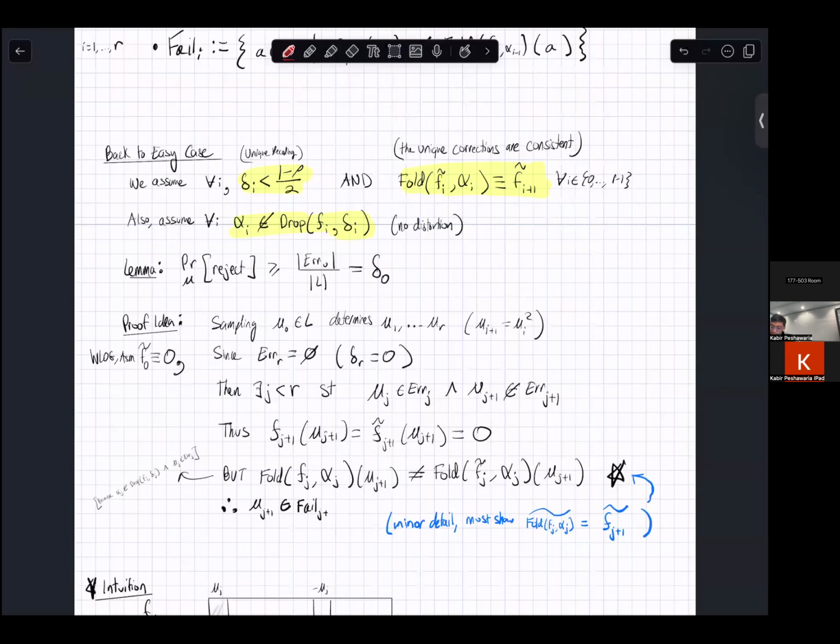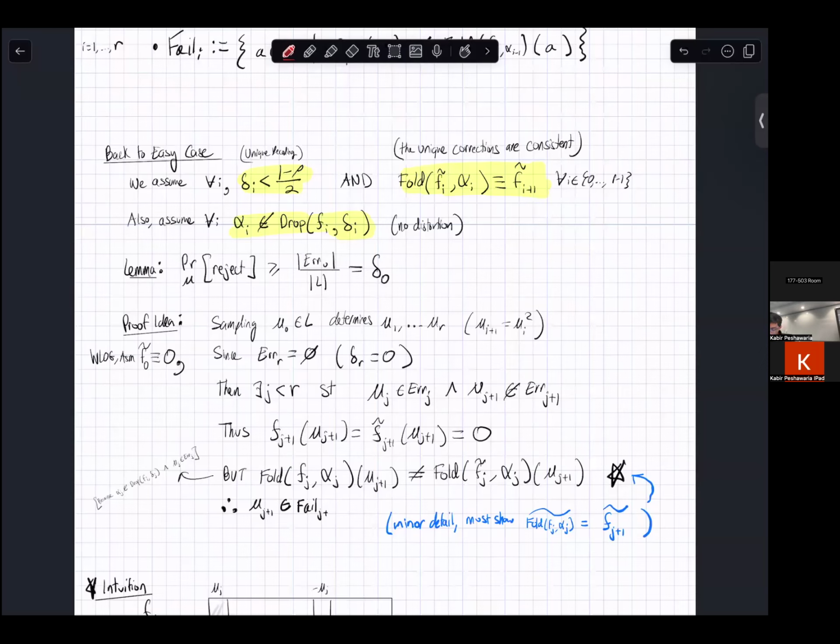And finally, we're going to assume that we never choose a bad folding challenge alpha I, so the distance is not decaying. There's no distortion. Remember the bad example I had earlier where F had 40% errors and G and H both had 20% errors, and then I said G plus alpha H might have 20% error if you get really unlucky with that alpha. We're saying that we did not get unlucky with that alpha.